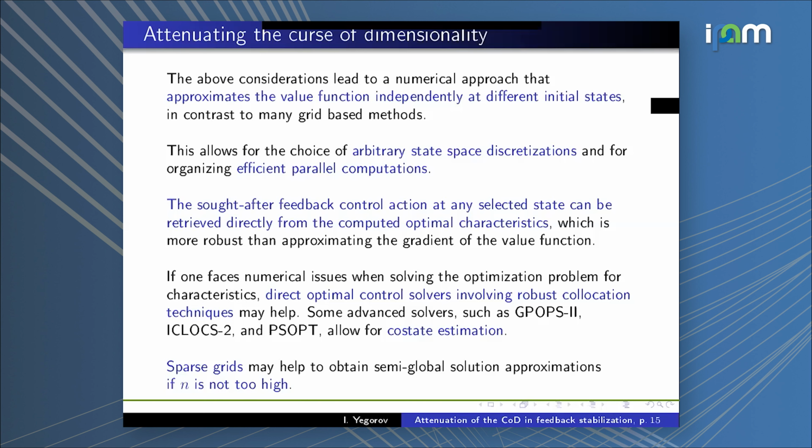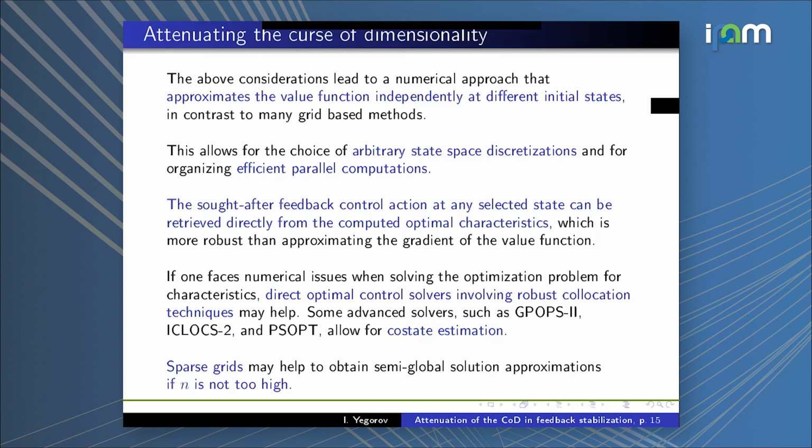And then if we are trying to stabilize something online, we will interpolate the data and we will be able to get an estimate of our optimal feedback stabilizer at any state. We will also talk about the accuracy of such interpolation estimates a little bit later.